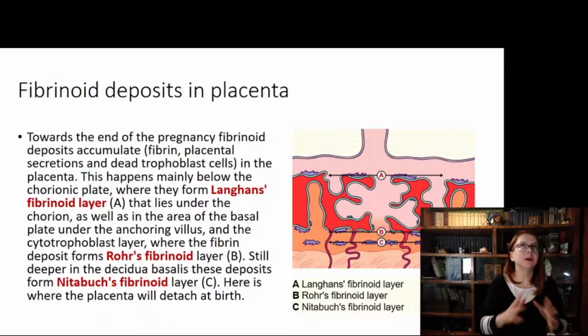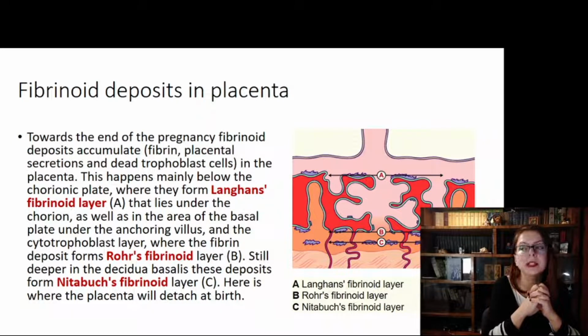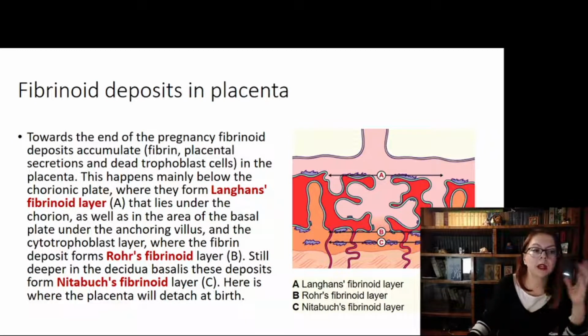Okay, three other terms you should keep in mind. Inside the placenta, fibrinoid deposits could be found, and those deposits are represented by fibrin and some dead placental cells. And there are three types of fibrinoids. They were discovered in the same institute in the 19th century in Germany, and those three scientists were working together.